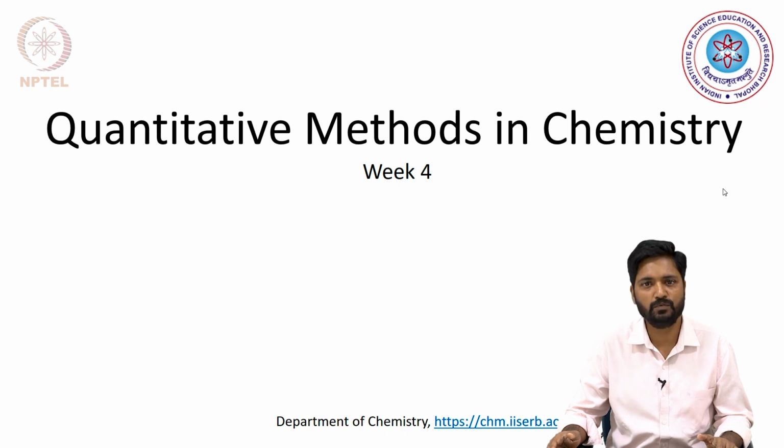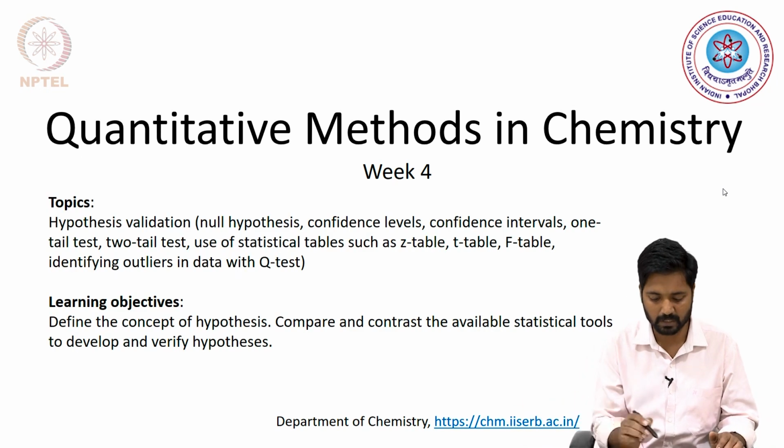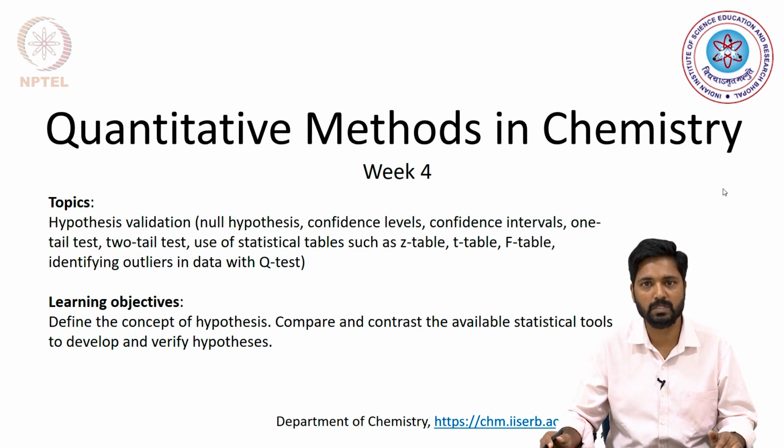So, this is week 4 of the course, and this week we will be learning about hypothesis validation, what is null hypothesis, what are confidence levels, confidence intervals, what are two-tailed test, one-tailed test, and use of statistical tables such as Z table, T table, F table, etc. for analyzing scientific data.